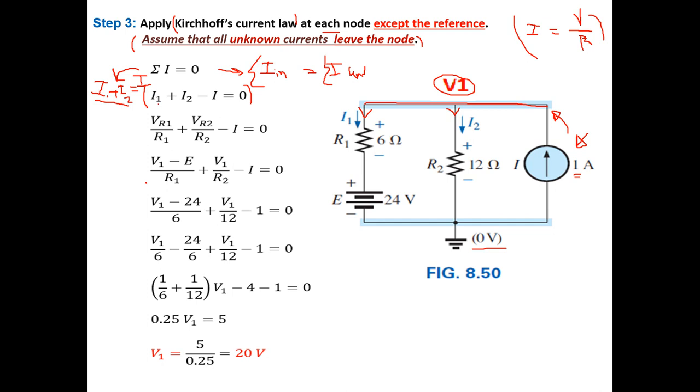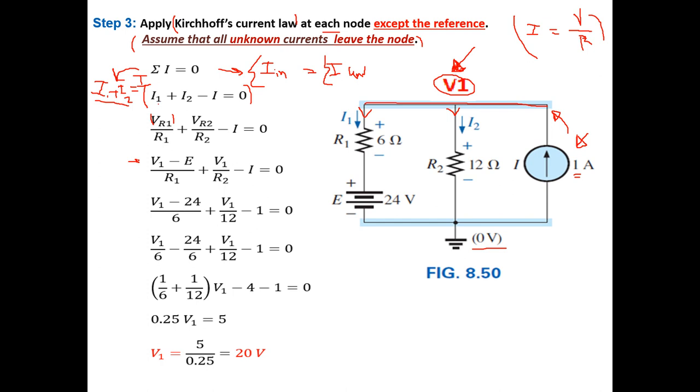Okay, there is one thing I need to mention here. When you're dealing with the nodal analysis method, assume that the nodal voltage, which is V1 here, is the highest point. As you know, the voltage across any element is the voltage drop in that element, or in other words, the potential difference between the highest and the lower point for that resistor or element. So we have here VR1.